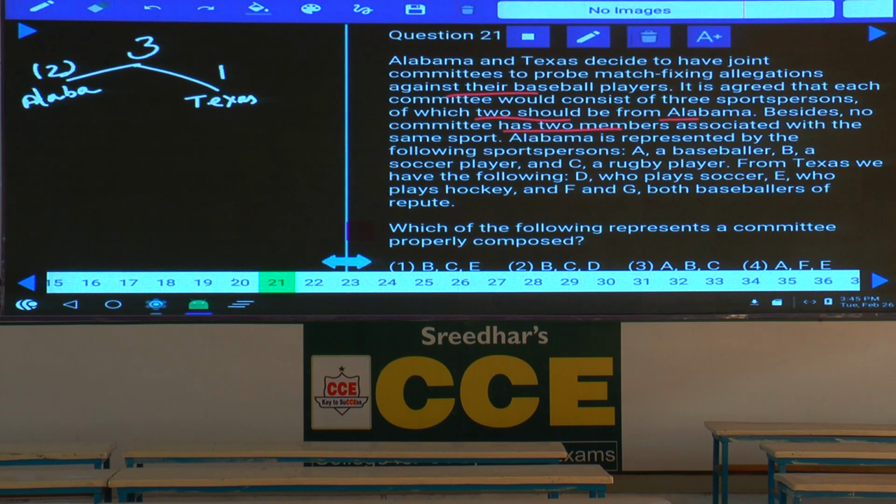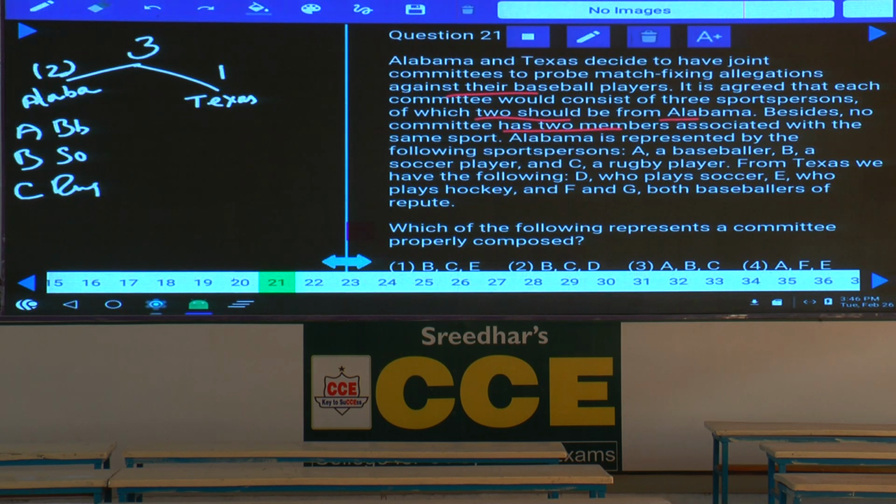Alabama is represented by the following sportsmen. A, the baseball player. Next one, B, a soccer player. And next one, C, a rugby player. So how many persons are there? There are 3 persons. Among A, B, and C, we should always select 2 persons.